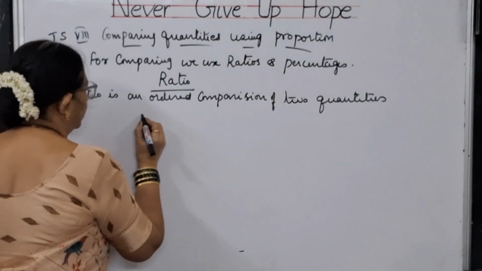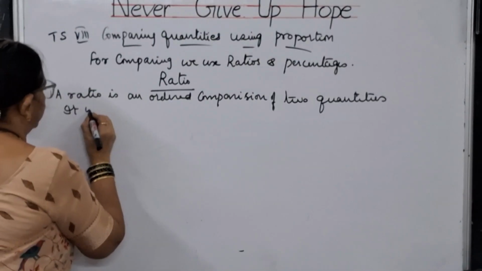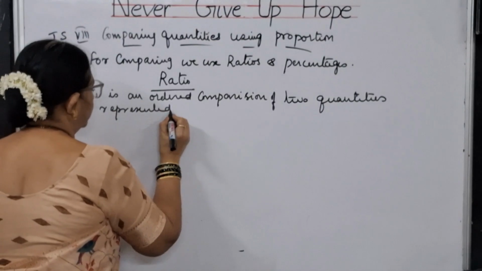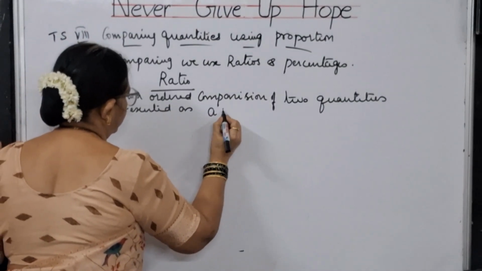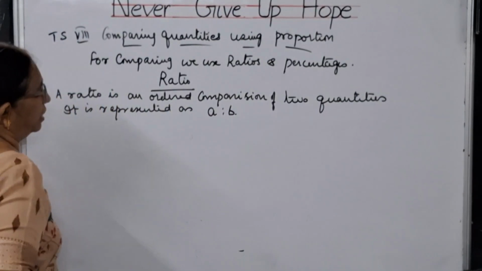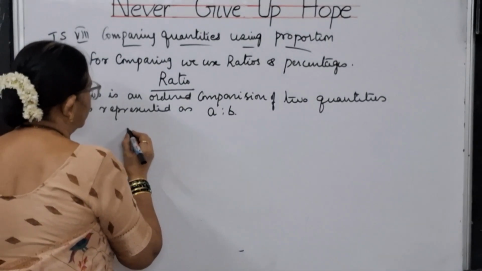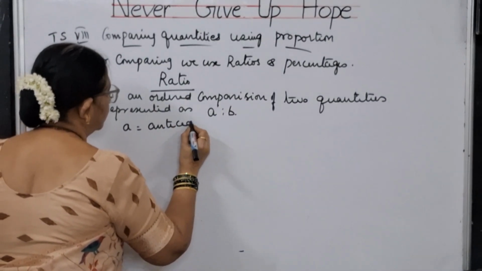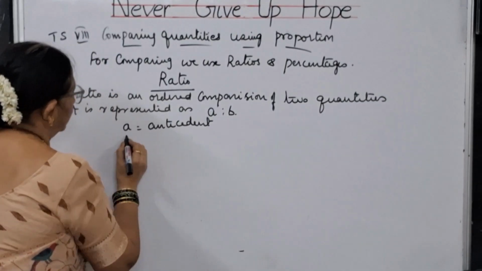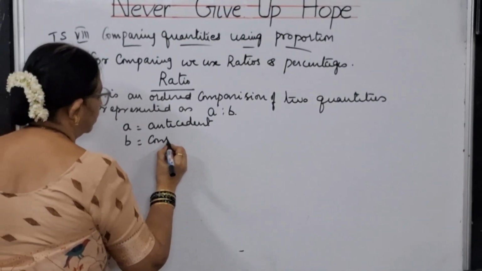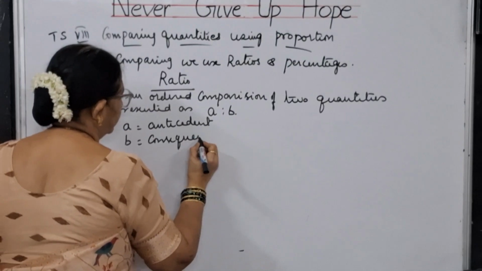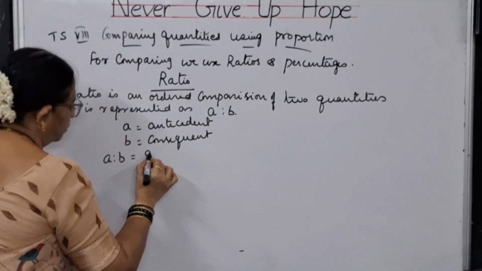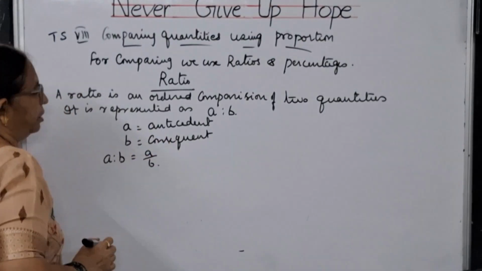It is represented as A is to B or X is to Y, anything. In this, what is A? A is called antecedent and B is called consequent. And A is to B can also be written as A by B.